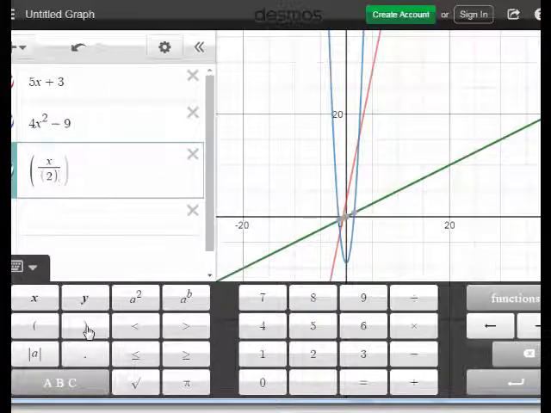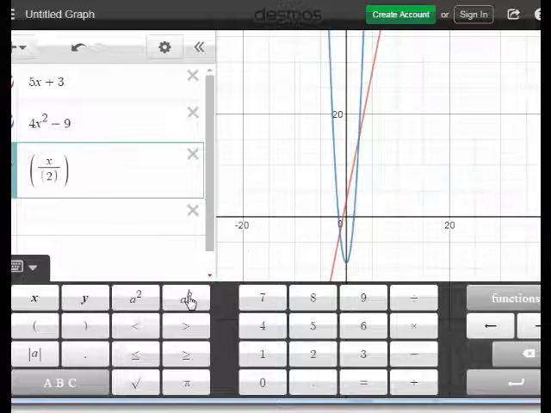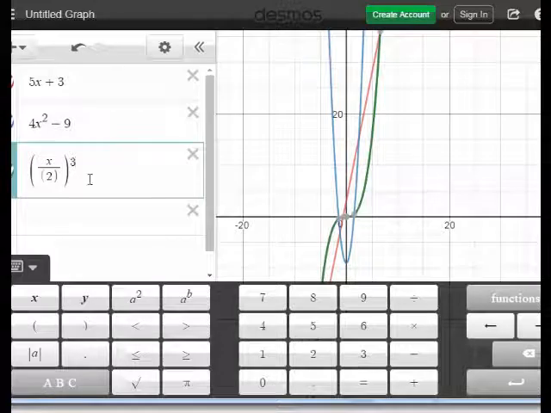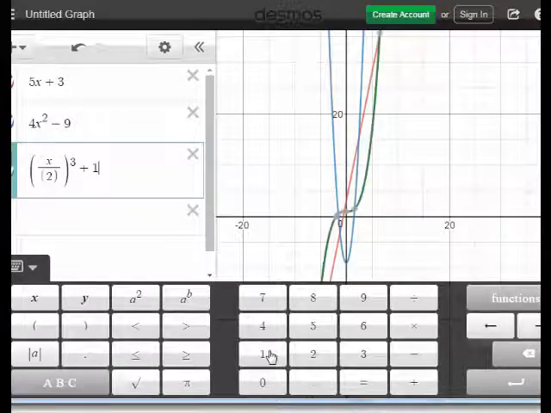Close your parentheses, and then we want to raise that to the third power, so we'll use a to the b power, and then tell it what power you want, 3. Then I'm going to click over here, and next we're going to add 1. This is what our expression would graph as. On your little piece of paper, draw that description.